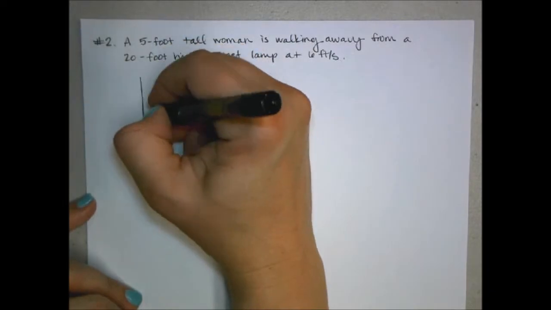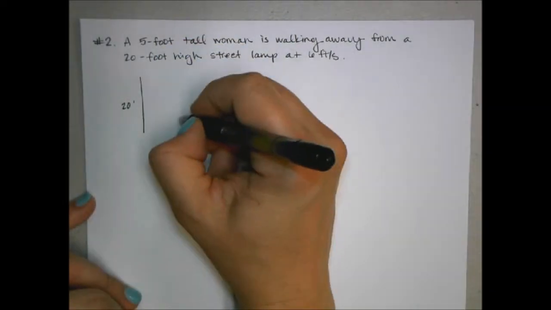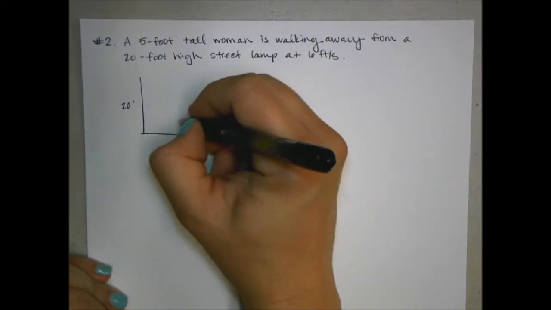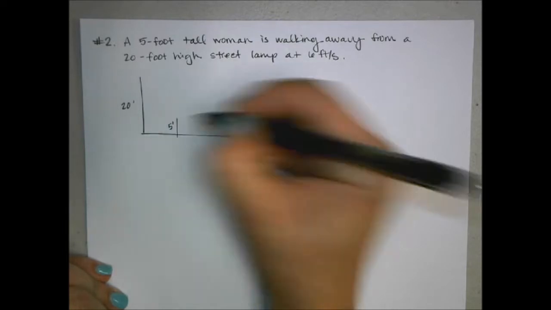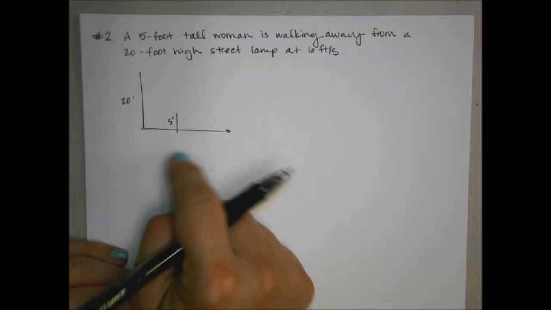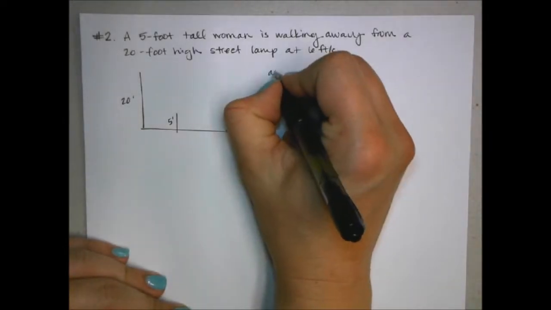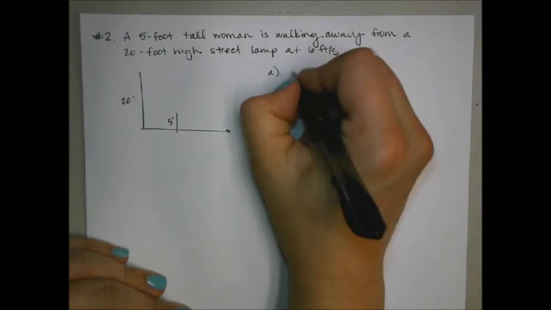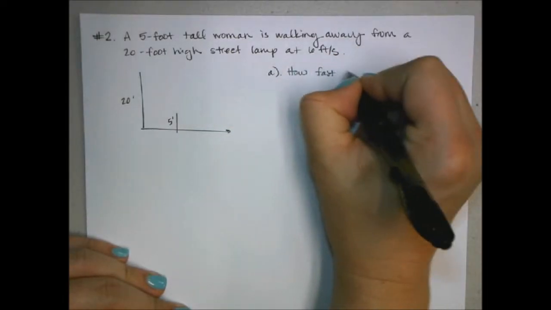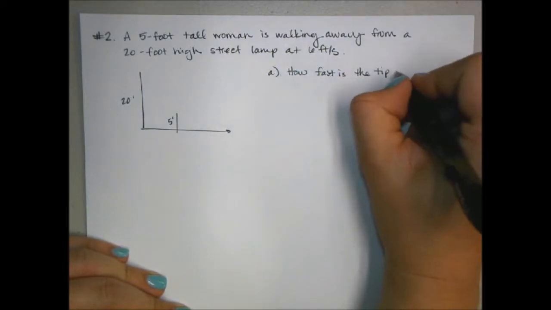So a 20-foot tall street lamp and a 5-foot woman walking away from it. So these are constant values, so we're going to label them as constants. They're not going to change, the lamp and the woman's height. And the first question we're asked is, how fast is the tip of her shadow changing?